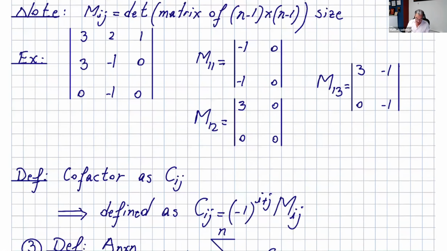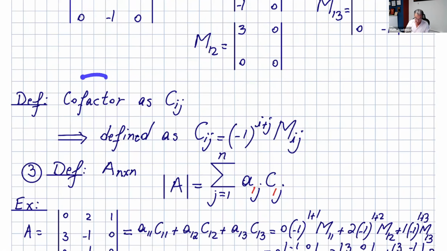Next definition is cofactor. The way you write it is Cij. Again, i is the row and j is the column as always, and Cij is defined as negative 1 to the power of i plus j times the minor Mij.